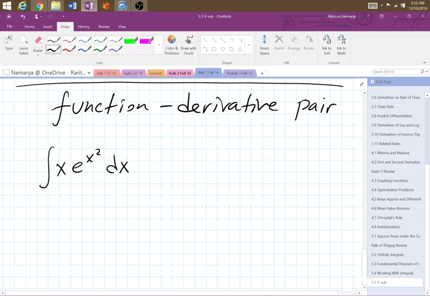So if I say this is what bothers me, that's the function, do I have its derivative pair? Because the whole method hinges on the function derivative pair. Why? Well, because of the chain rule. Function, then derivative, right? You differentiate the function, and you put the chain after it. So the same thing goes here, just backwards. So now, I'm looking at this, and I say, do I have a function derivative pair?